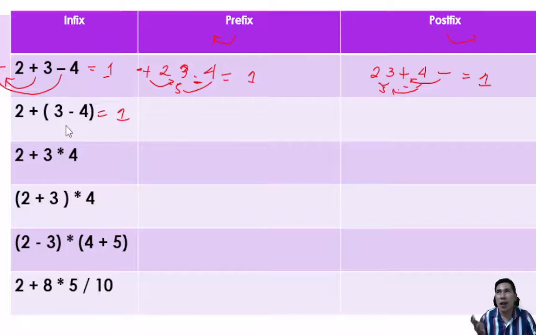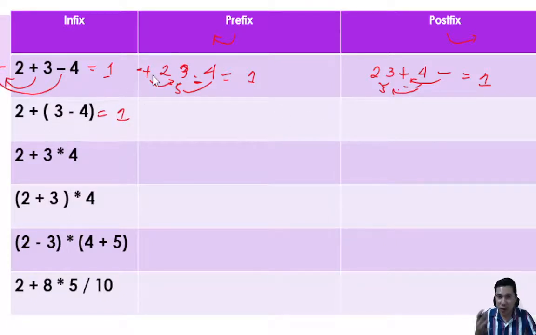So you just need to move from left to right. As long as it doesn't mix operators, when addition and subtraction follow each other, you just go from left to right directly. That's why the result is the same even though there is a parenthesis here.